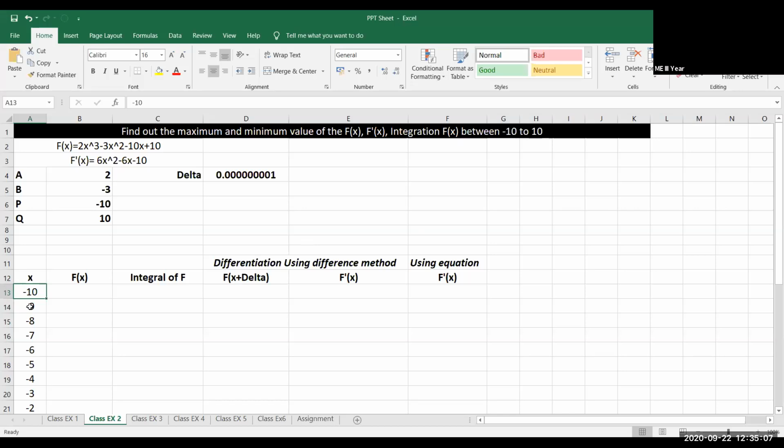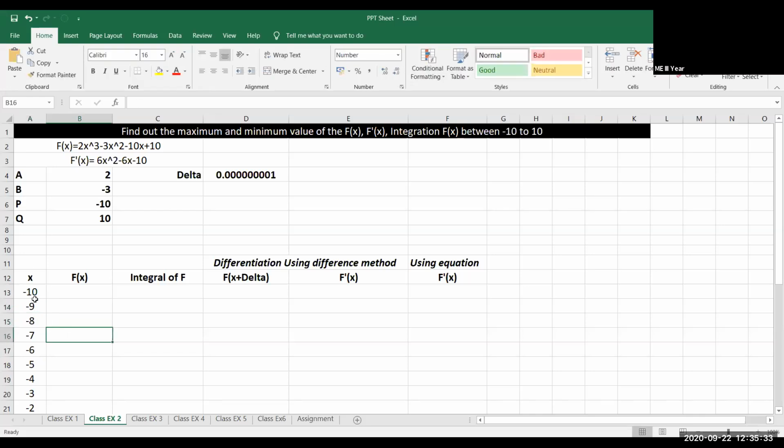Suppose you take minus 8 here, that is also okay, and here minus 6, then minus 4, minus 2, like that. But we are taking an interval of 1 for better understanding. So minus 9, minus 8.